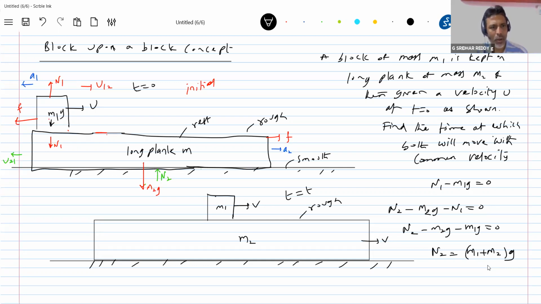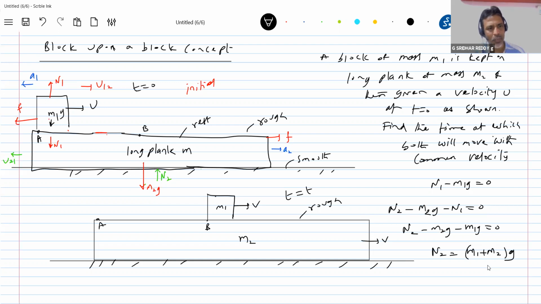Now earlier the block was in contact at point P1. Now you see that after some time, it will arrive at P2. Let's keep these things in mind, or AB, I'll write it. So very initially the block is at point A on the plank. Now finally where is it? At point B. This is just an assumption. So is there any displacement of the block with respect to the plank?